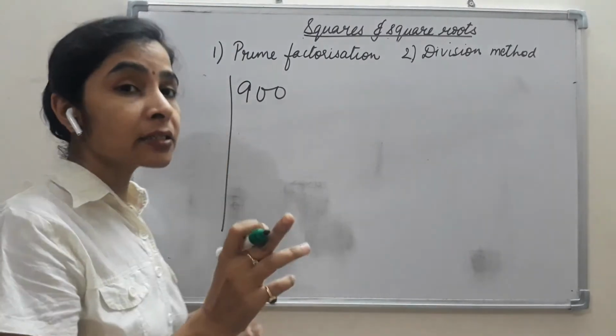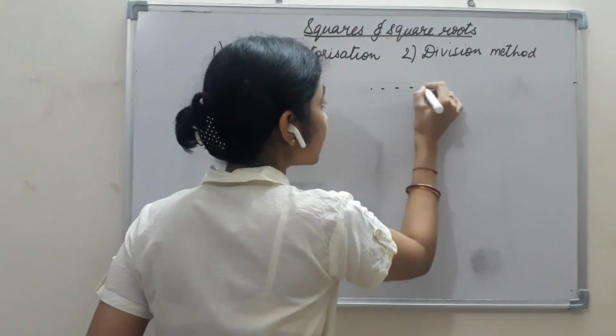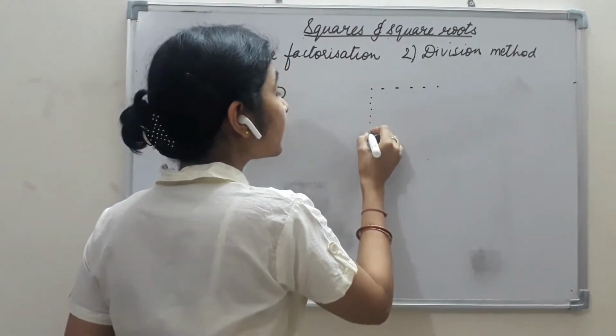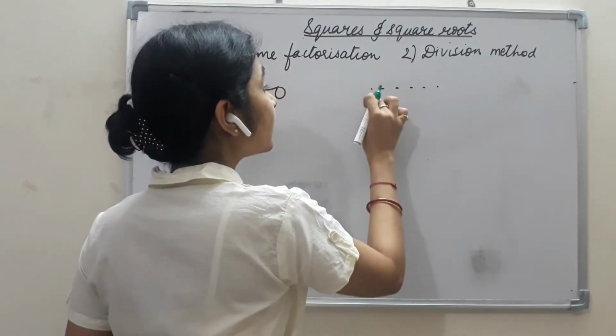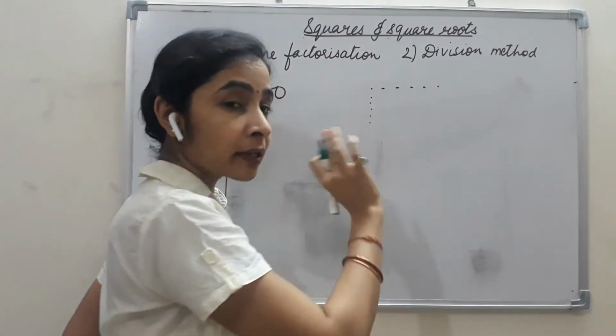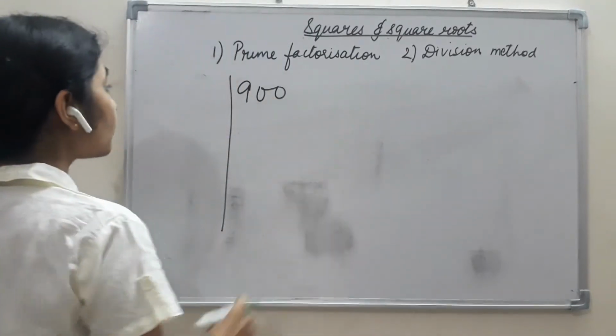So in that case we are supposed to find out the square root, because the number of plants in the row can be equal to the number of rows only when it is making a square. 1 2 3 4 5 6, 1 2 3 4 5 and 6, then only it can make a square. So the same thing we will do here. We'll find out a square root.